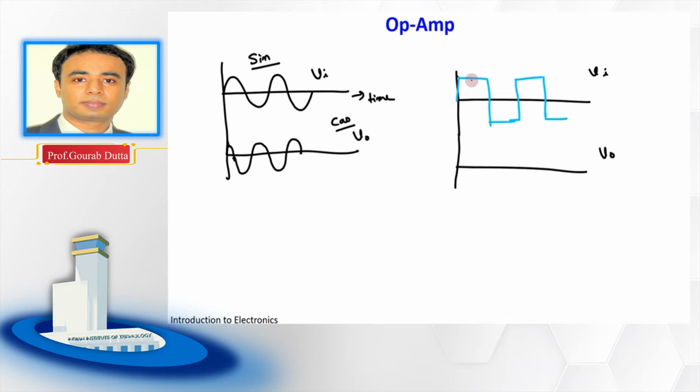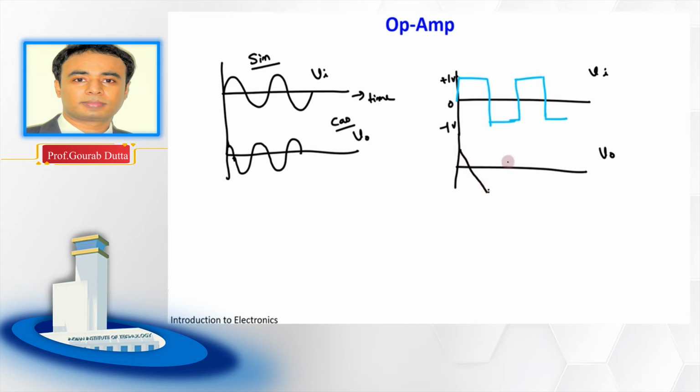Because see here, this is constant and it's positive. Suppose this is plus 1 volt, this is minus 1 volt, and this is 0. Then, as we have seen in the last page, it will be a linear function and the slope will be negative. So till this part we get a negative slope like this.